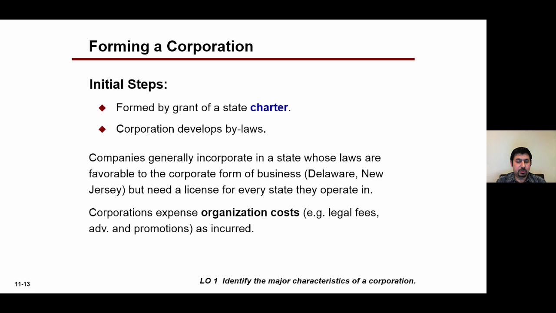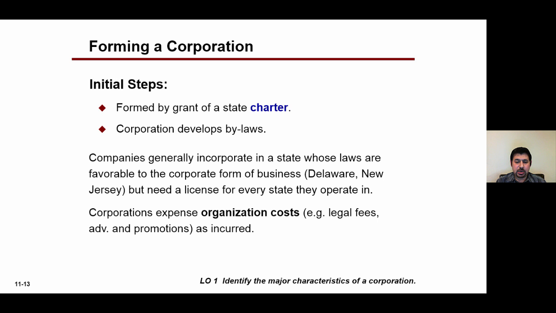They can exist in basically any state. However, they will need a license in every state where the company operates. The companies will be incorporated in one state, and then they will have licenses in the states where they operate.